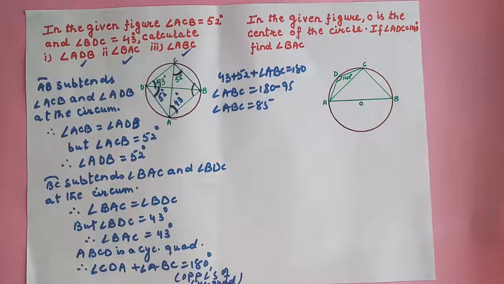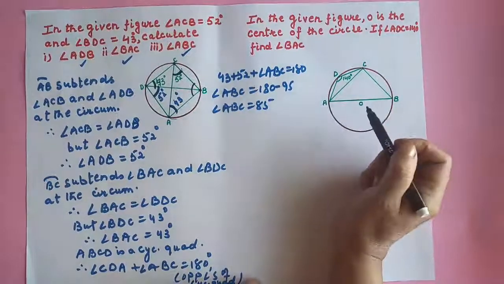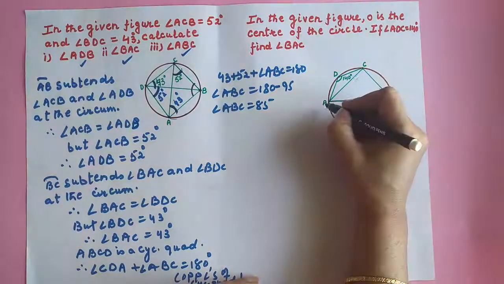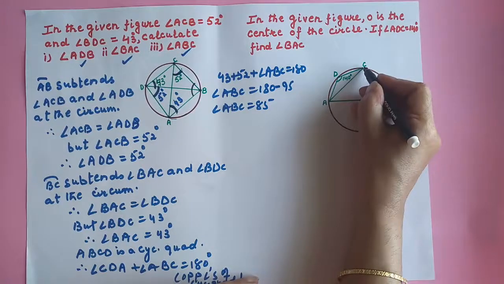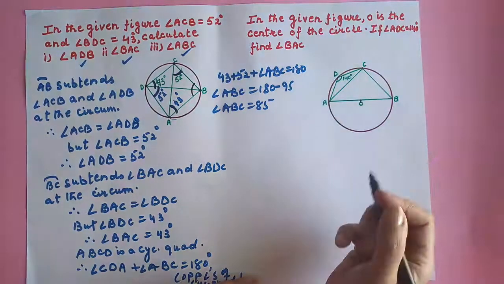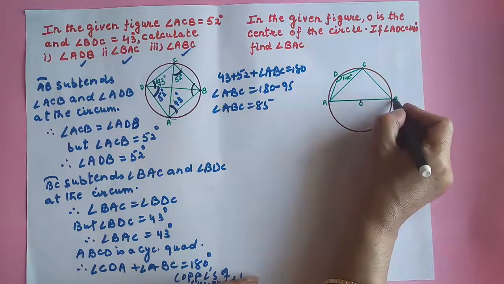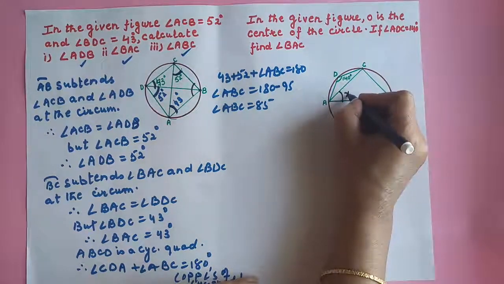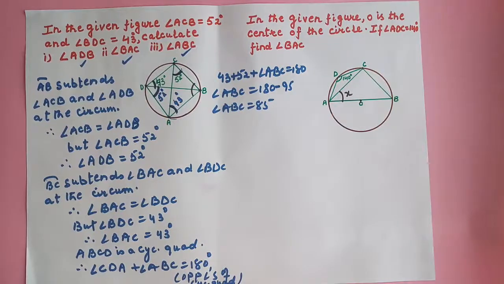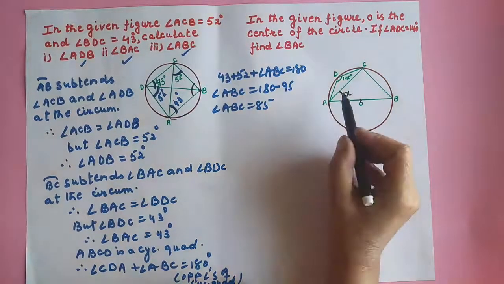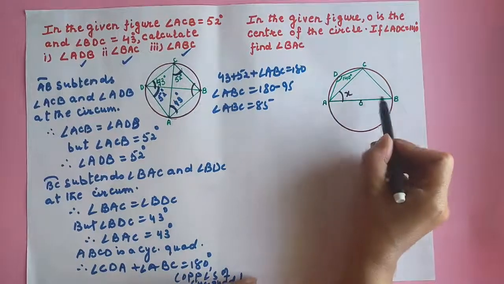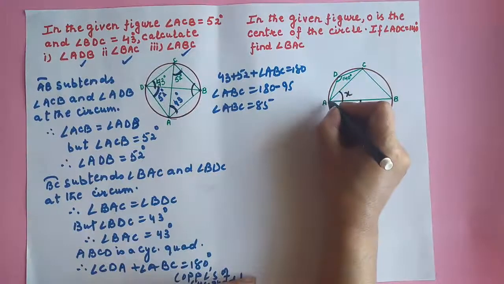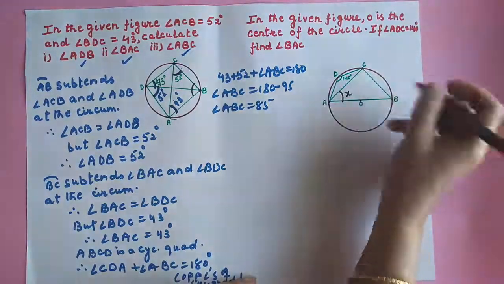Here, this is the given figure. In this figure, O is the center of the circle and angle ADC is 140. And he wants us to calculate angle BAC. That means this angle we have to calculate. Let this angle be x. Right? Now, look at this. ABCD is a cyclic quadrilateral. Why? Because all its endpoints are lying on the circle.